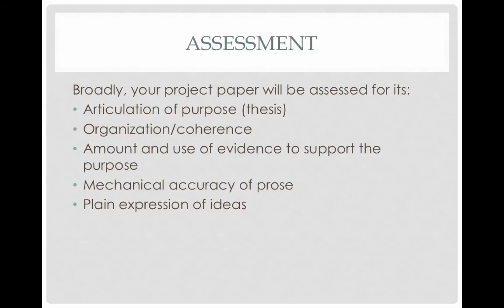Instead, we have to explain how the evidence works. Also, how mechanically accurate your prose is, so how well you proofed it. If you tend to have certain kinds of errors like comma splices or typos, and you know that, well, it's probably going to take a few drafts to get them all out of the 3 or 4 or 5 pages of your writing. That's okay. And plain expression of ideas is a difficult thing for most people. We don't talk plainly.